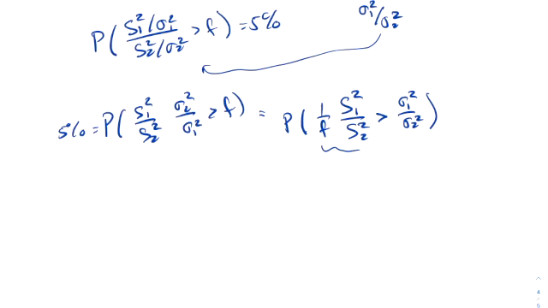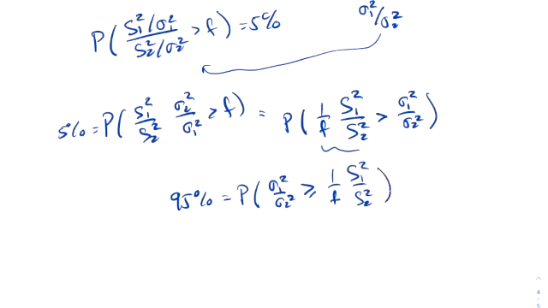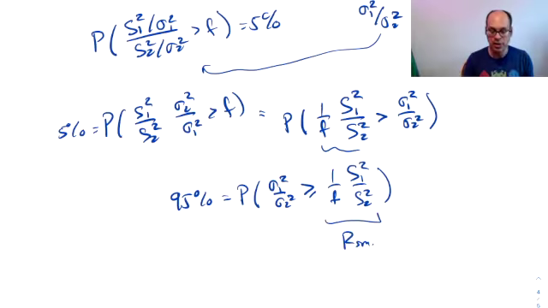So usually our random variable is going to be bigger than, there's a 95% chance that sigma 1 squared over sigma 2 squared is bigger than 1 over f s1 squared over s2 squared. So that means that this is my r small. It's the lower bound of my confidence interval.